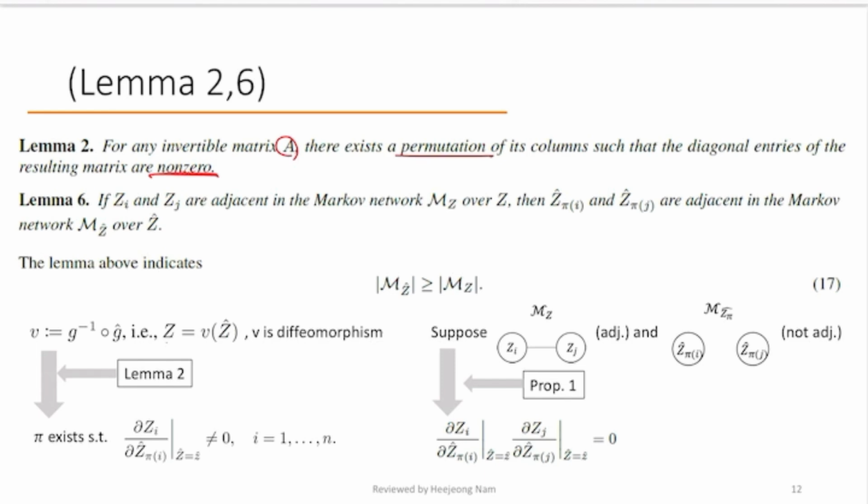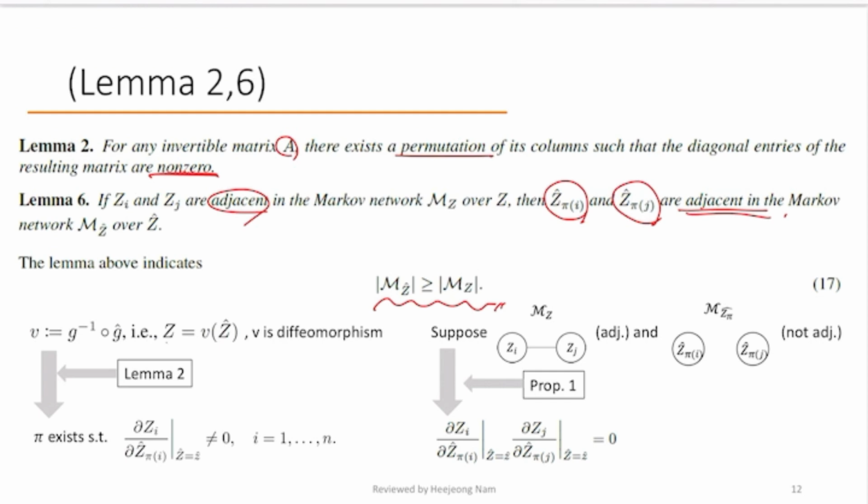And lemma 6 is that if Zi and Zj are adjacent in the Markov network Mz over Z, then Z pi(i) hat and Z pi(j) hat are adjacent in the Markov network Mz hat over Z hat. This lemma 6 indicates that the number of edges in the recovered Markov network is always equal to or greater than that of the true Markov network. So how are these lemmas and proposition 1 that we have seen before used in the proof of theorem 2?